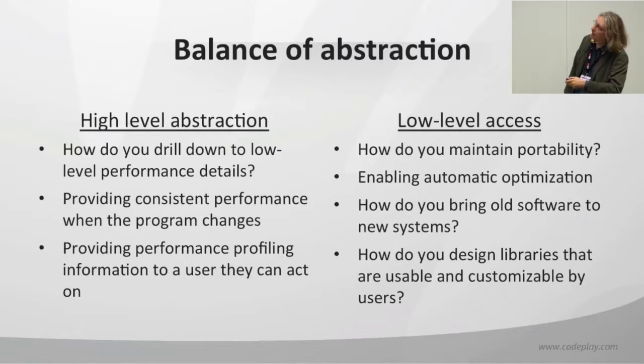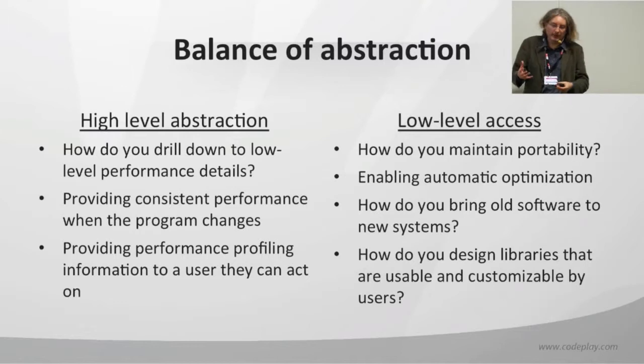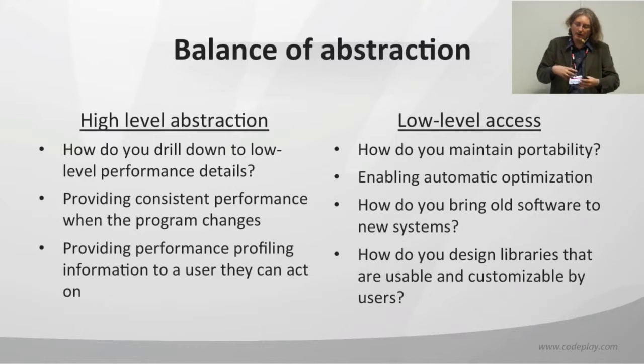If you've got low-level access, you want to do automatic optimization of software, which is a good thing. Developers do want to be able to write something and say, compiler, optimize this for me.